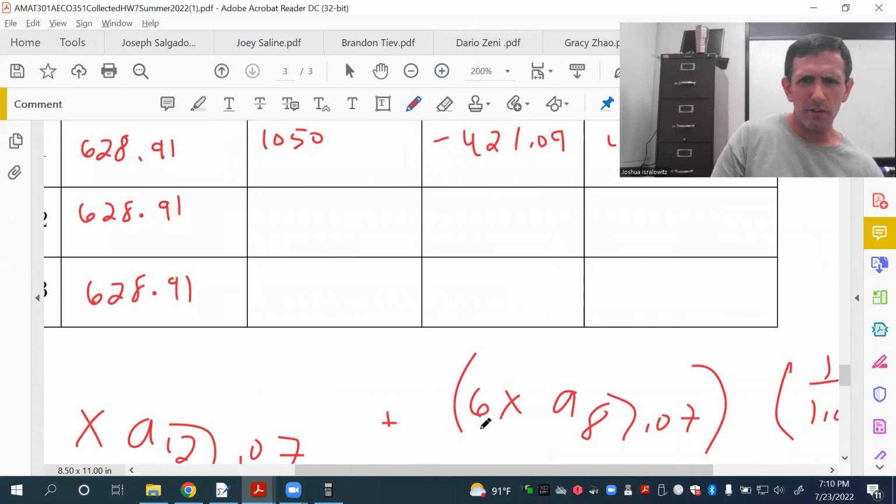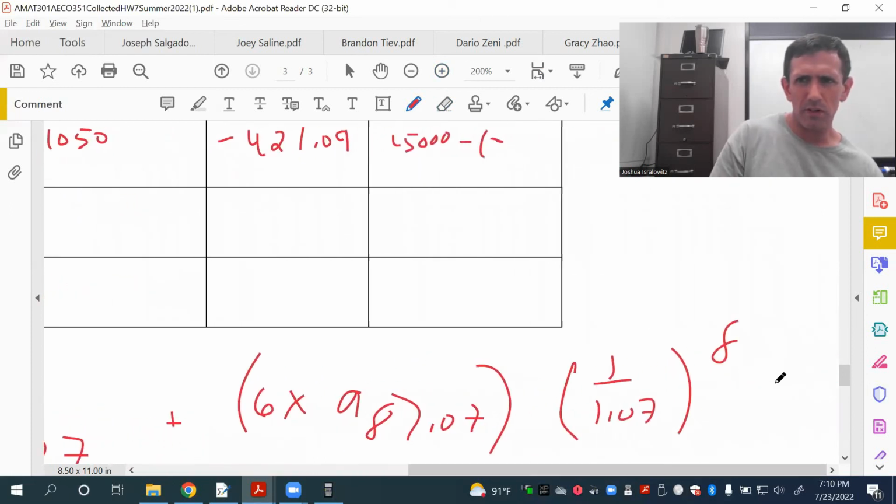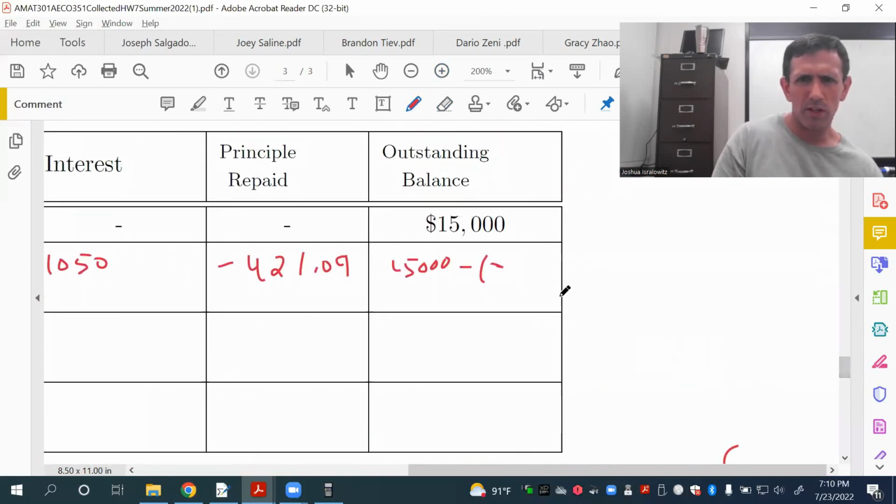This is going to be difficult. Let's see if I can do this. I should have plenty of room. Go out of the box, but that's all right. So this is 15,871.66. So you just added, I'm sorry, that doesn't make sense, this is negative 421.09.